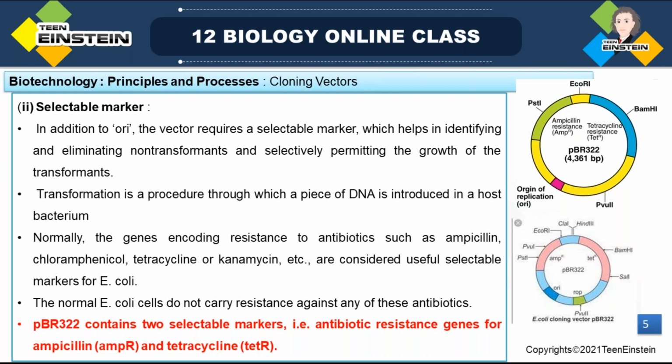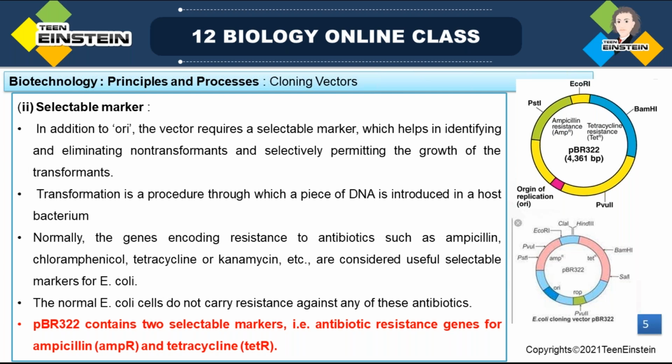Those E. coli cells into which we have already introduced an ampicillin resistant gene, when we make them grow in a medium containing ampicillin, the resistant gene which we have introduced will start working.